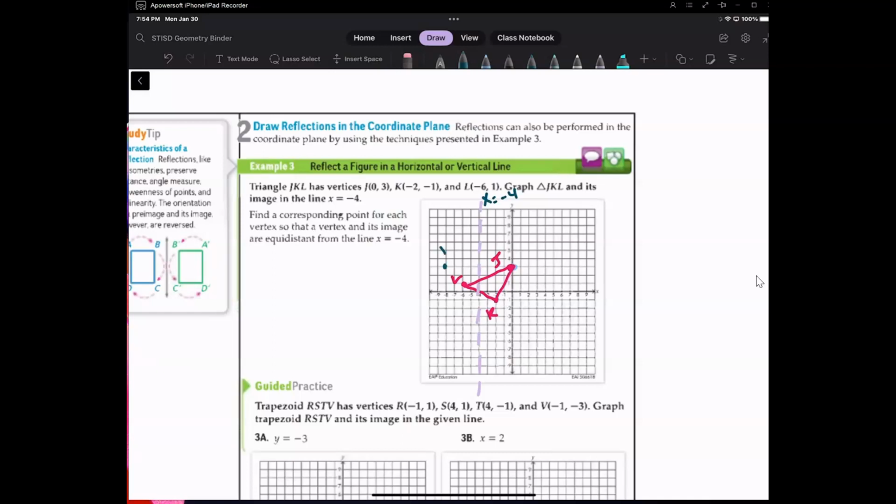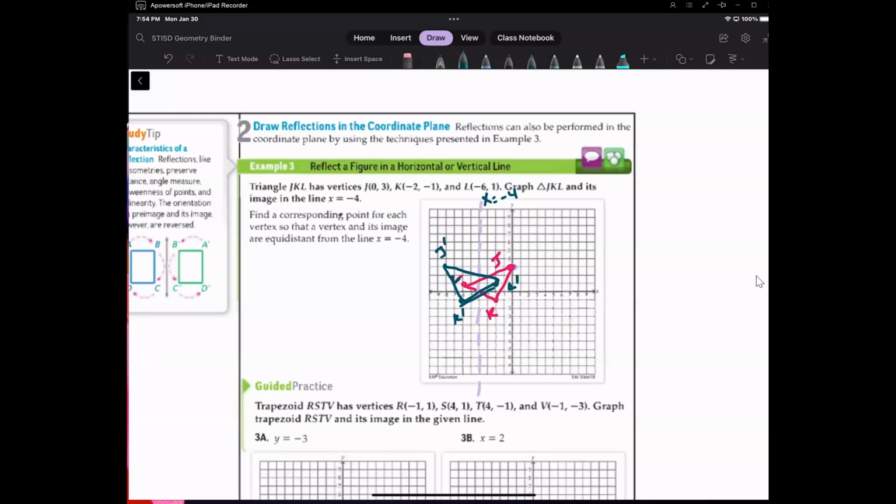So this is J prime. This is J. This is L. So it's going to be 1, 2. So that's L prime. K is 1, 2, so that's K prime. If I connect the points, there's my reflection.